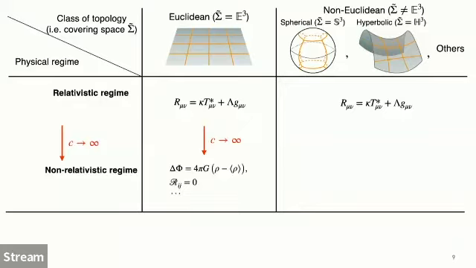Okay. Now in this first line, I consider the relativistic regime of gravitation, which in the current paradigm is described by the Einstein equation, regardless of what topology we consider. We can consider the Einstein equation for a spherical universe, hyperbolic, or Euclidean.